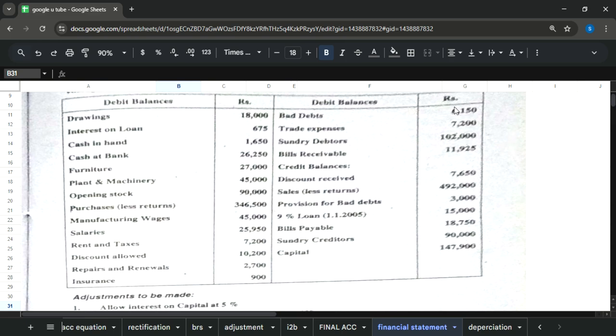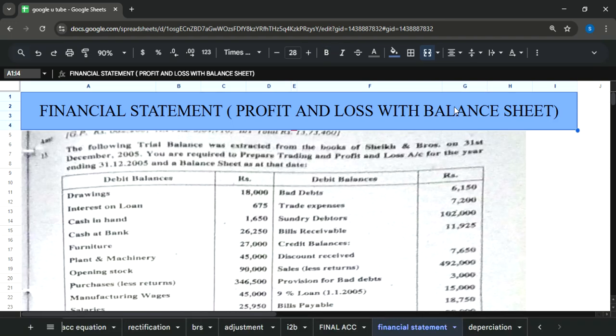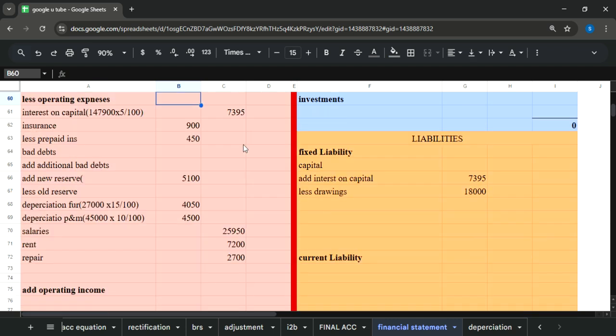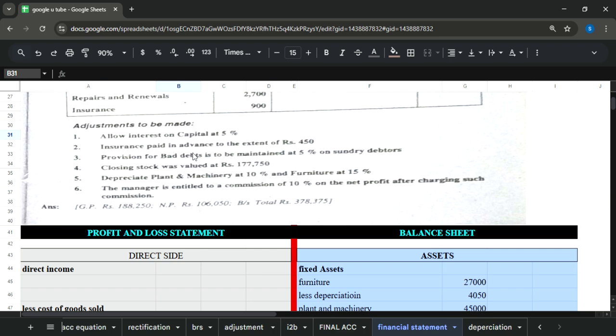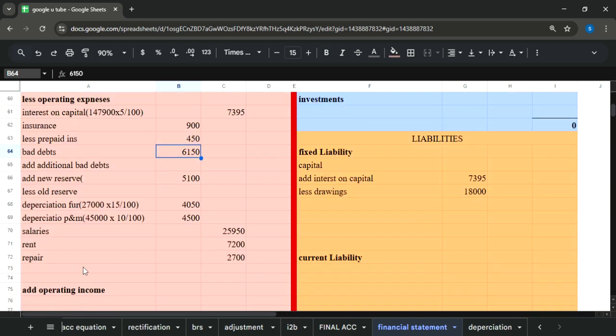Bad debts amount is 6150. Look here, 6150, and we have already mentioned. Here we have 6150 as bad debts. After bad debts, we have trade expense. This is also part of operating expenses.